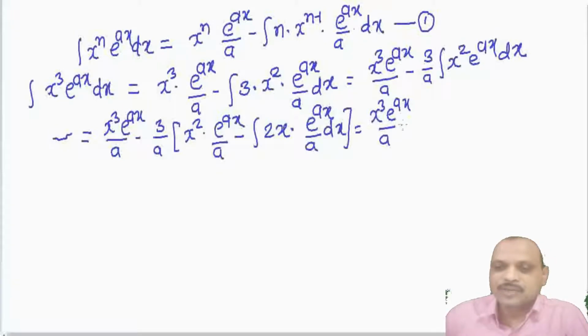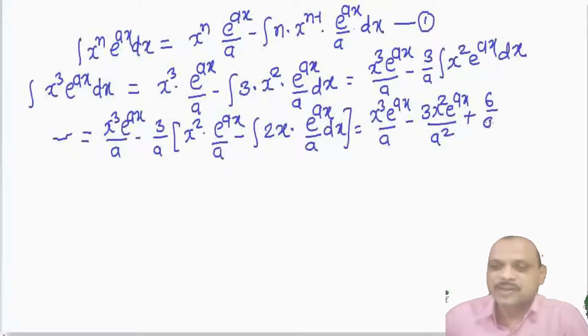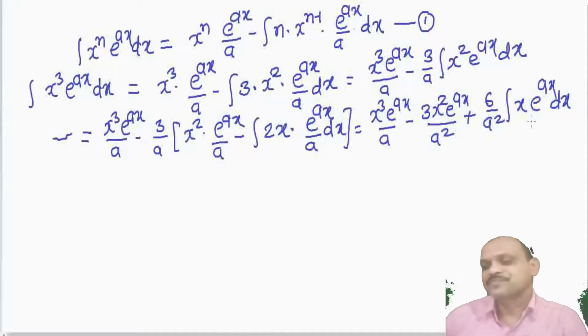That gives x cube into e raised to ax divided by a minus 3x square e raised to ax divided by a square plus 3 into 2, which is 6, divided by a square, into the integration of x into e raised to ax into dx.